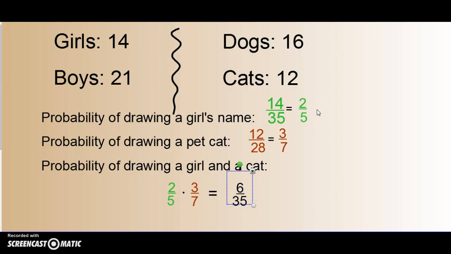Whatever happens when you're drawing a girl's name out of a hat does not affect whatever outcome you have of getting a cat over a dog in the probability. But the combination of getting both at the same time is 2/5 times 3/7, and then you would get 6 chances out of 35 in all of getting a girl and a cat.